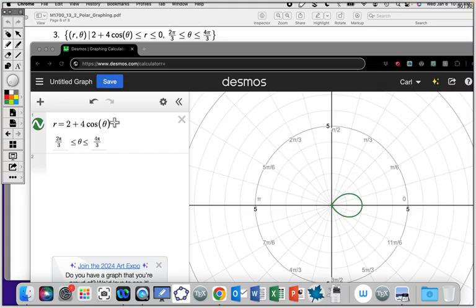So these are going to be negative numbers. So I'm still looking at the region of this curve between the origin and this curve, okay, because r is negative at this point. So that would just be looking at this region here, would be looking at the inner loop of that curve. Okay.